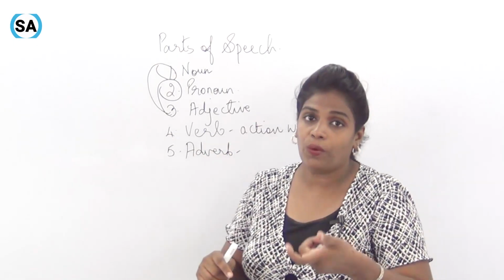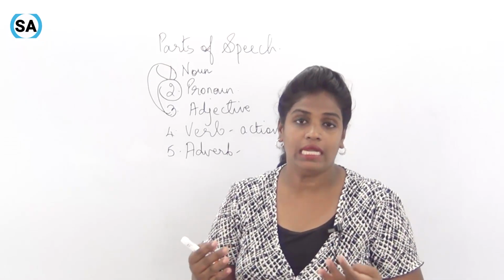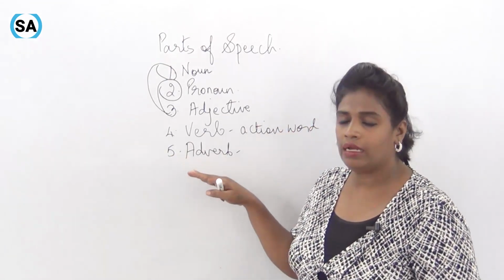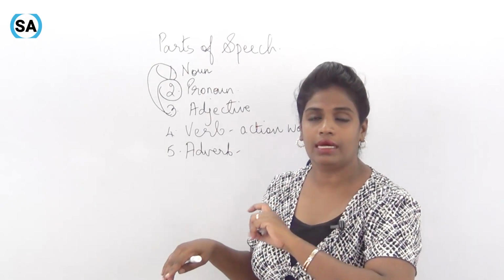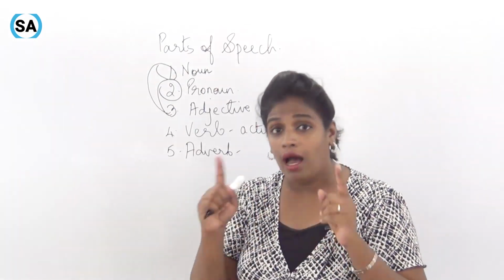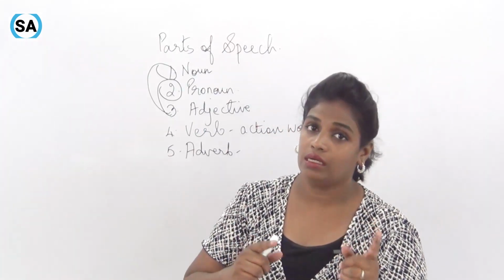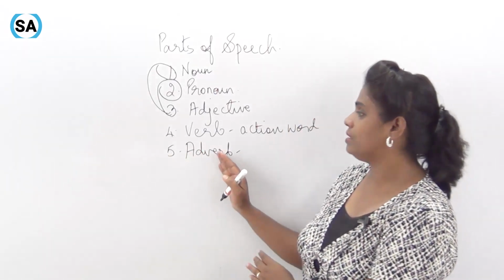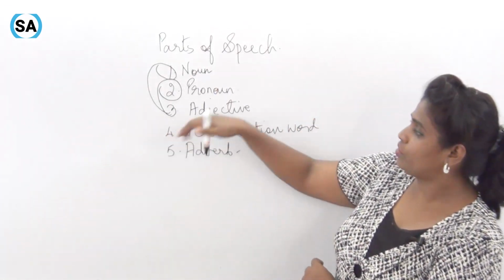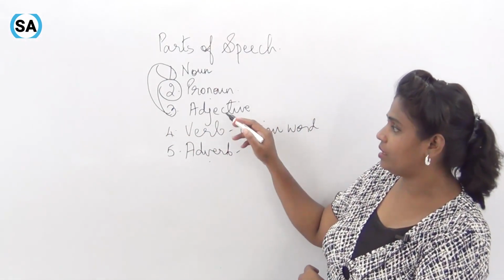It gives out the quality of how the action is done. So adverb talks about the way the verb is done. The girl is singing. How is she singing? She is singing sweetly. She is singing melodiously. That describes the verb.